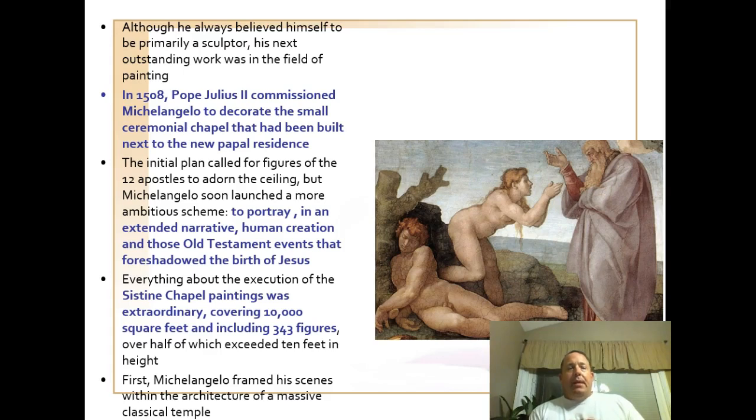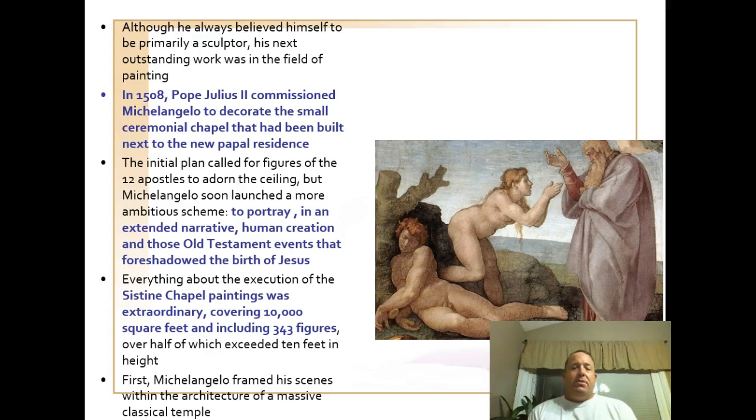He's asked to paint the ceiling of a chapel. The project was only going to be of the 12 apostles, and then it gets changed. And so he ends up doing quite a bit of the Old Testament. There are like 348 people that are painted, and these are all frescoes.